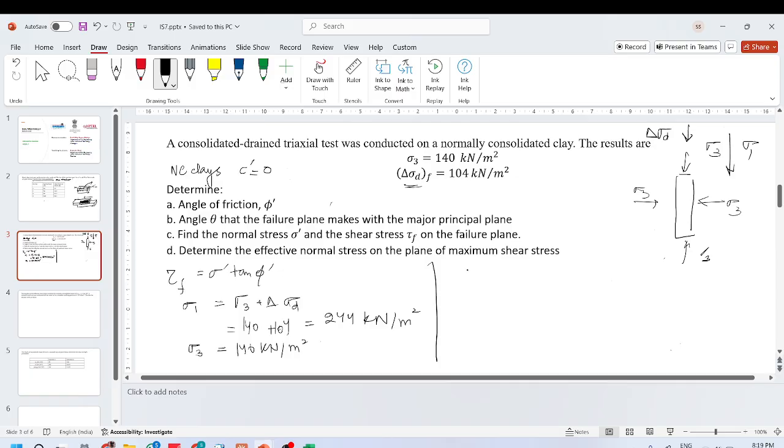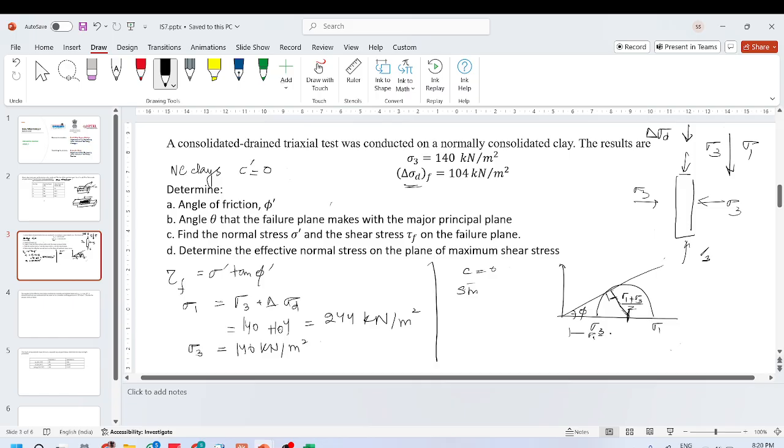For C dash 0 soil, from the Mohr Coulomb diagram, this is sigma 1, this is sigma 3. So this is the radius, which is sigma 1 plus sigma 3 by 2.